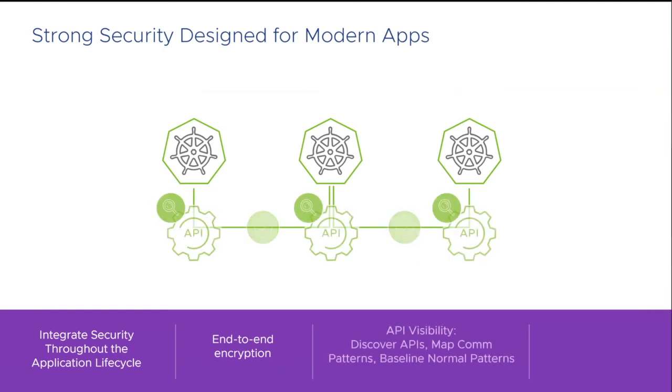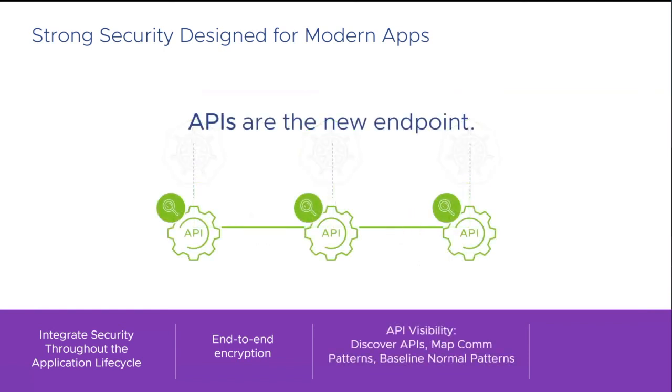And more APIs are looking like the new endpoint. API gateways act like a firewall that you would put on a north-south API. But again, there can potentially be hundreds or even thousands of these internal APIs, making them highly complex to protect.